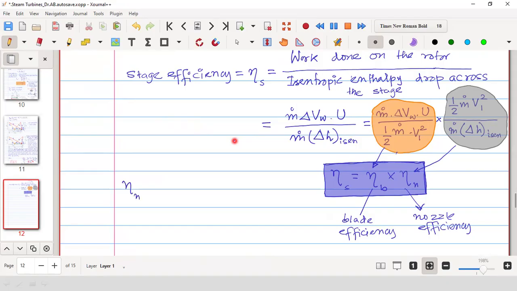In that discussion, we said that the isentropic efficiency of the nozzle was calculated as the actual enthalpy drop divided by the isentropic enthalpy drop.